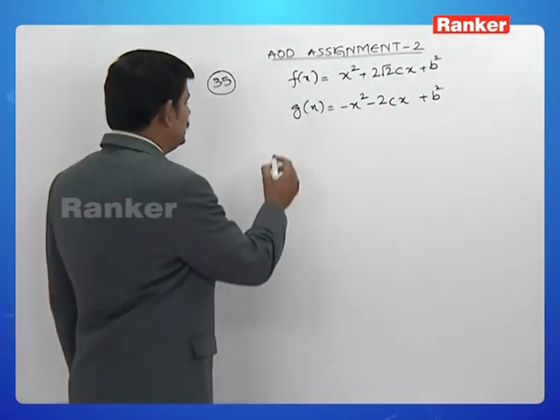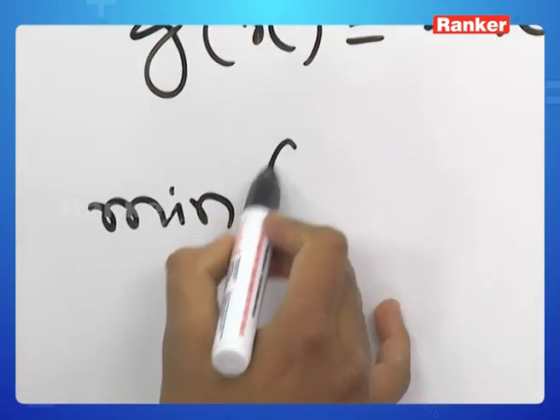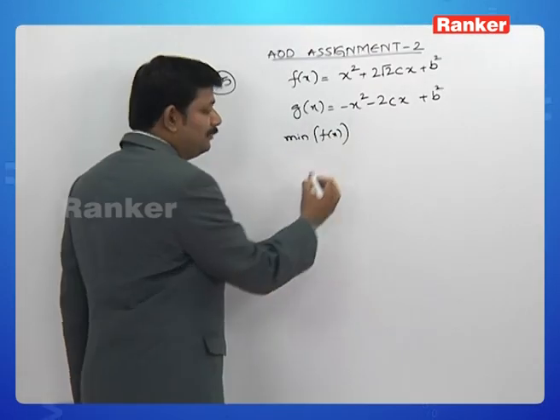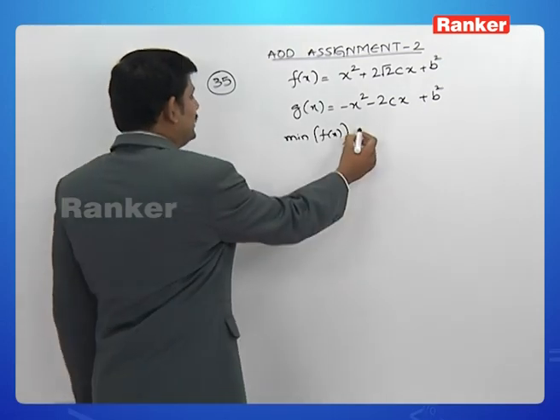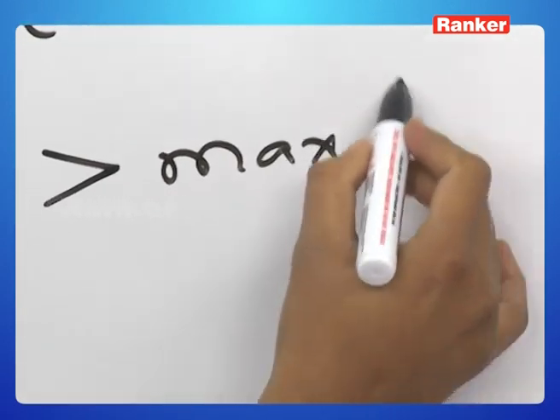Now, it is given that minimum value of f of x is greater than maximum value of g of x.